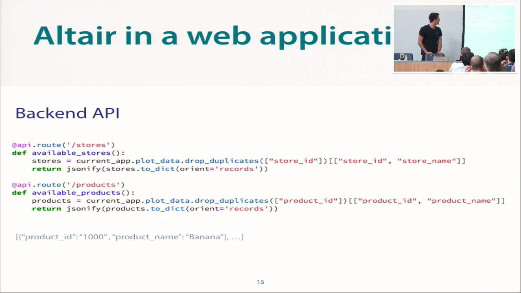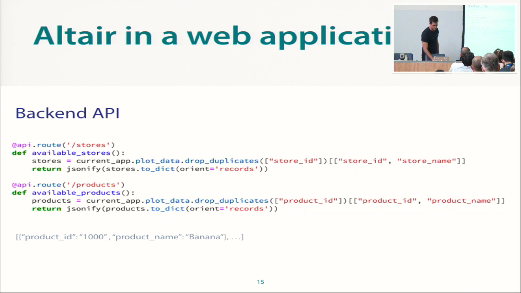So, the code that is needed to create this application. In our backend, we have two endpoints where we just return what stores are actually available and what products. That's what's used for this autocomplete feature.